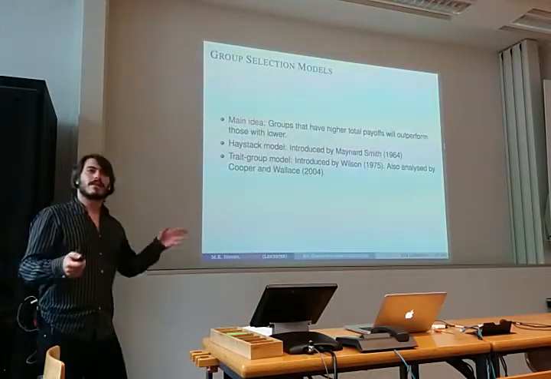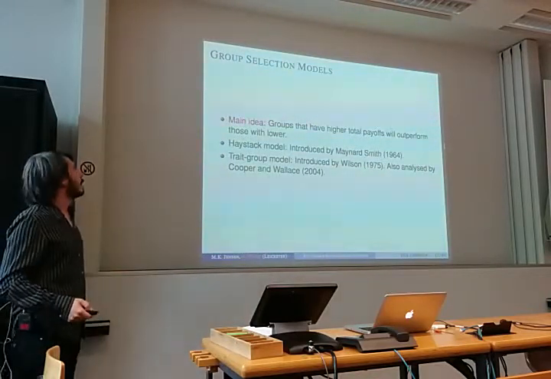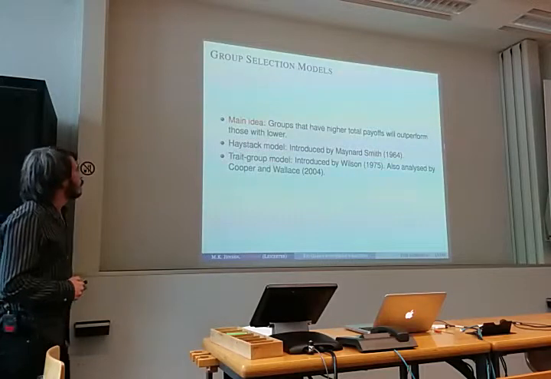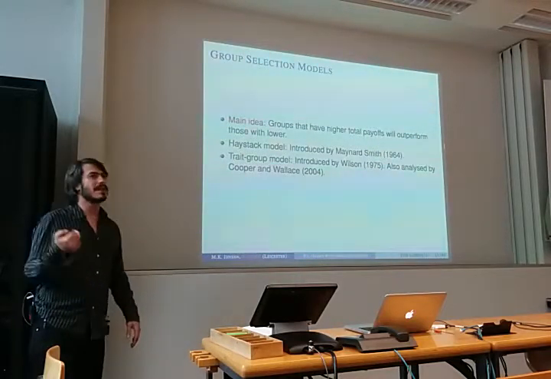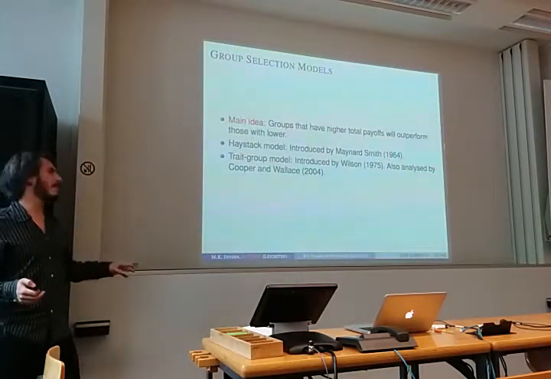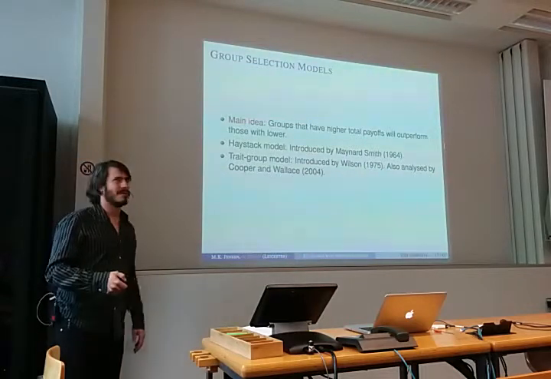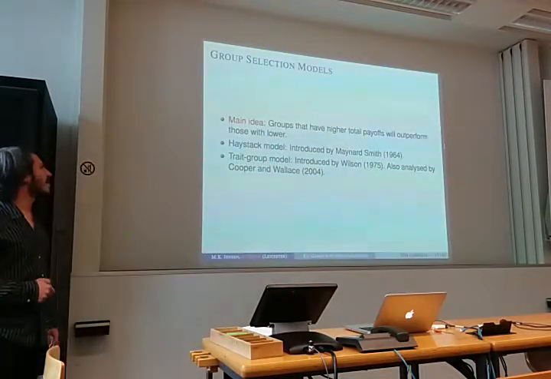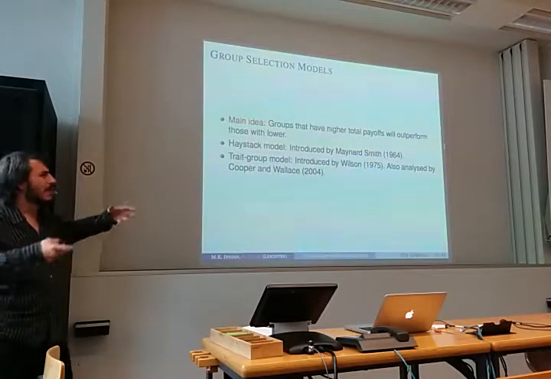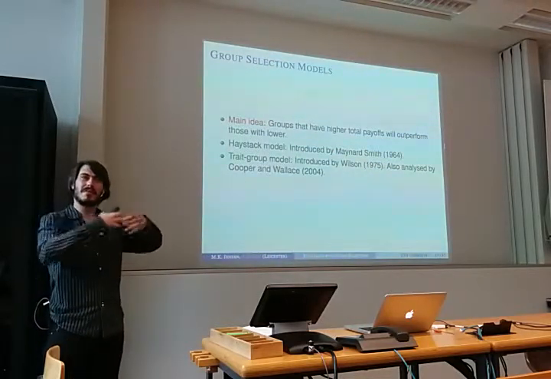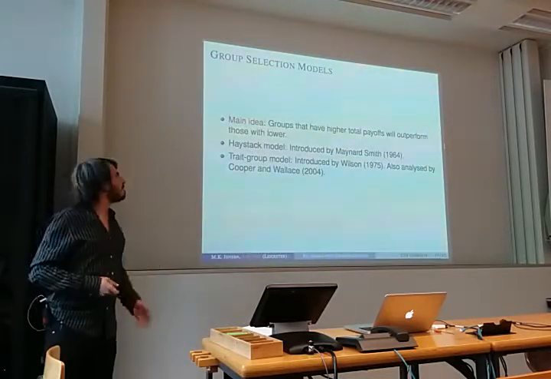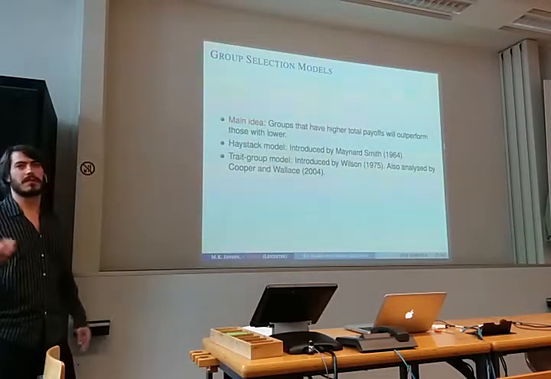Now I'm going to connect that with group selection models. So what is the idea of group selection? The main idea, which has been very criticized in the biology literature, is that groups that do better will outperform those with lower fitness.